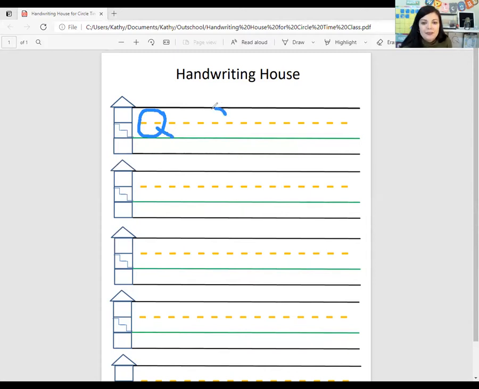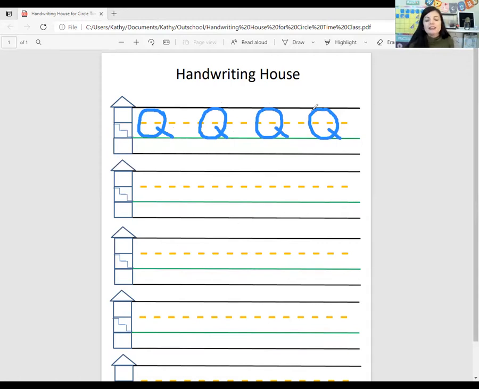Let me show you again. So there's our letter O, and then we're going to make a line that comes straight down. That's an uppercase letter Q. It's an O, and then a line that comes straight down to the green carpet.